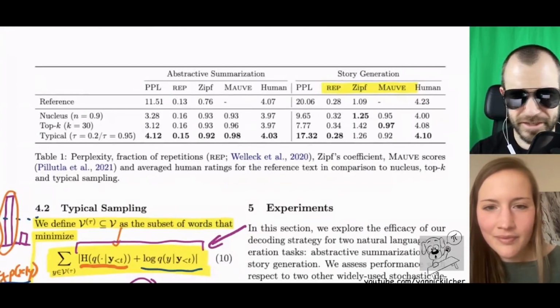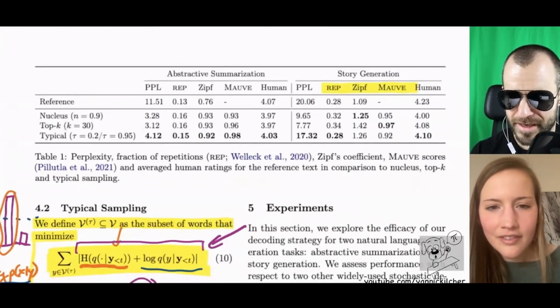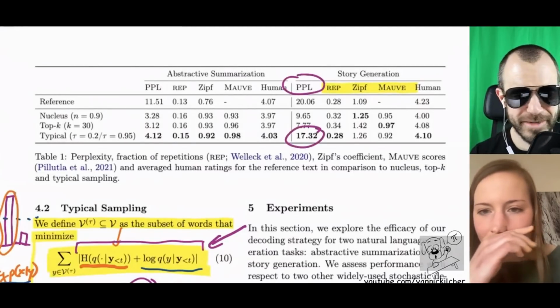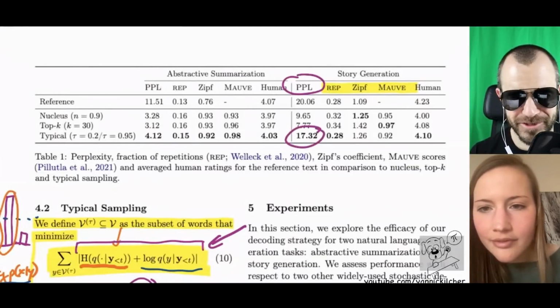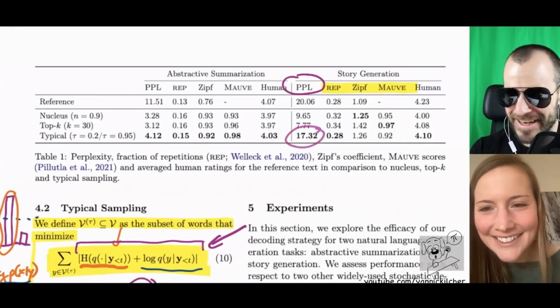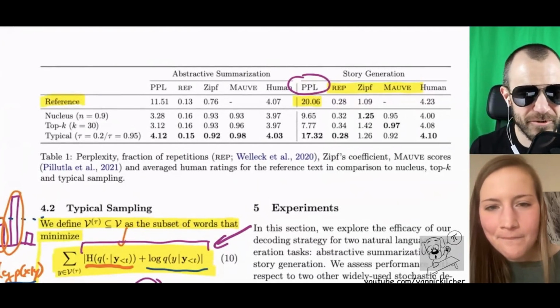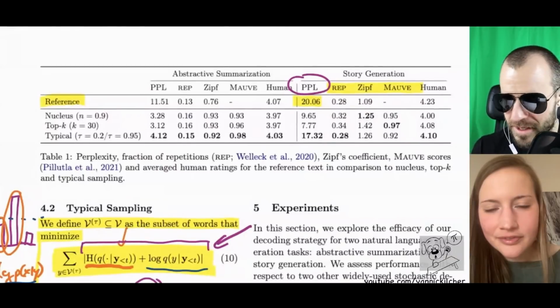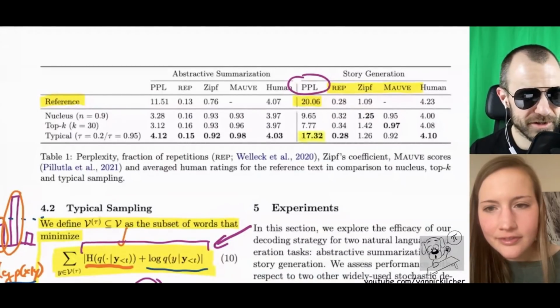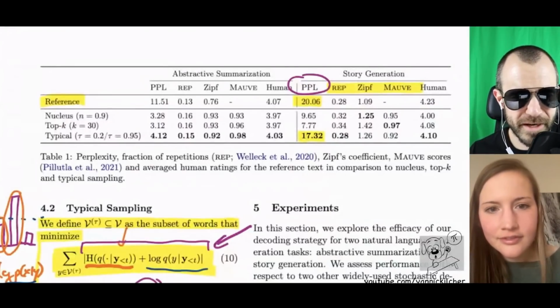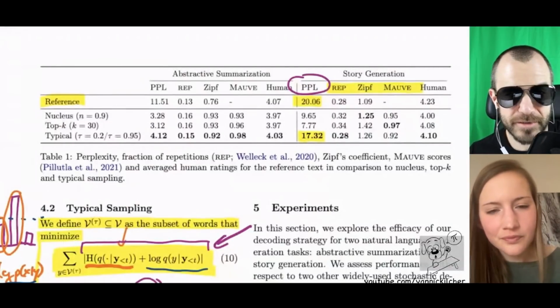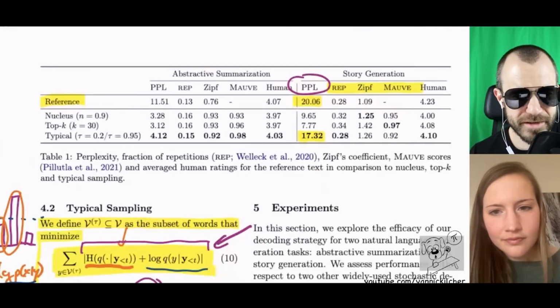I was just looking at perplexity, and yours is in bold, and I was like, wait a minute, lower perplexity is usually better. But then I realized what you have to do here is match the perplexity of the reference text as closely as possible. So the goal is to be as close as possible to that number, which is astonishing to see, because in machine translation people are fighting for 0.1 perplexity for the new state of the art, and here there's a magnitude of difference between these methods.